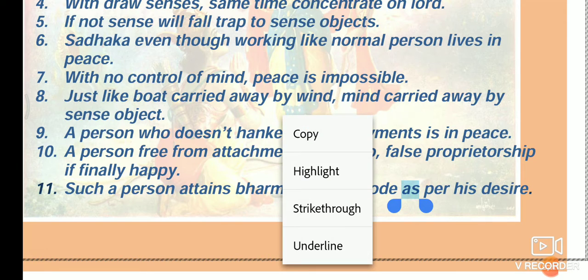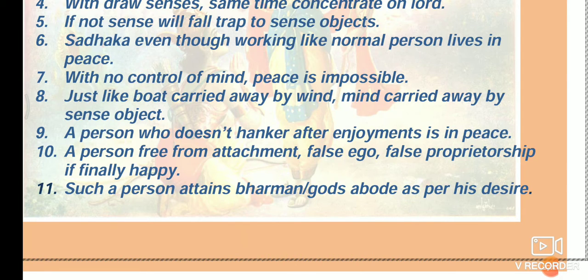This is called false, because the real owner is God who has created them. We are only temporary tenants, using them, and once the time comes, we have to give them up and move forward. That is called death. At death, we have to give up everything and move forward, and nothing remains with us. This is called false proprietorship.